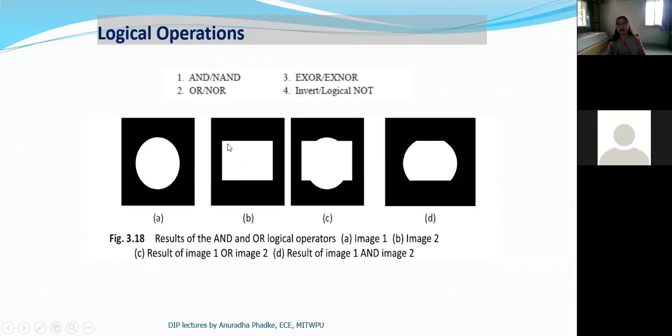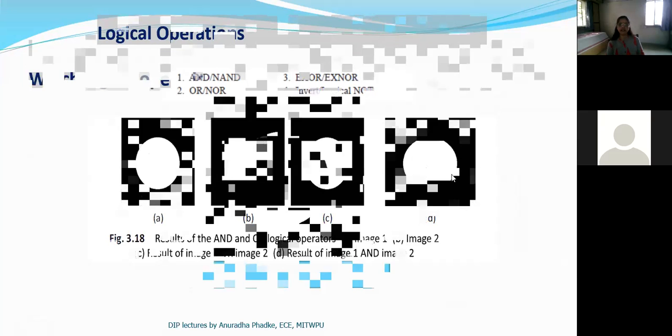So 0 ANDed with 1 gives us 0 here. Only the common portion between A and B, the common white portion, is displayed here as white. It is simple bitwise ANDing between A and B, and this gives you result D. This is the logical AND operation.